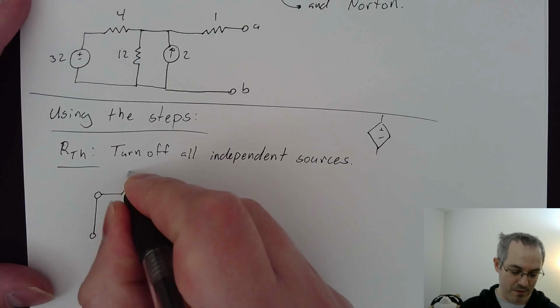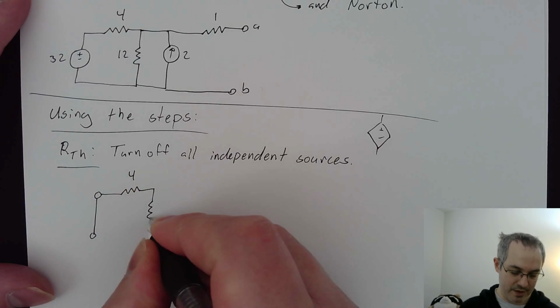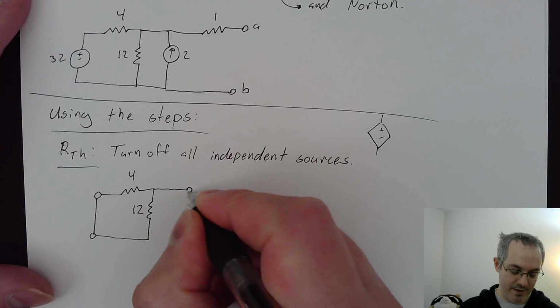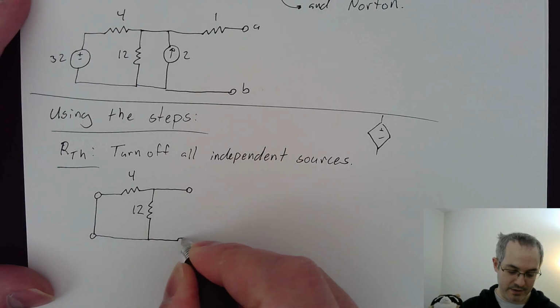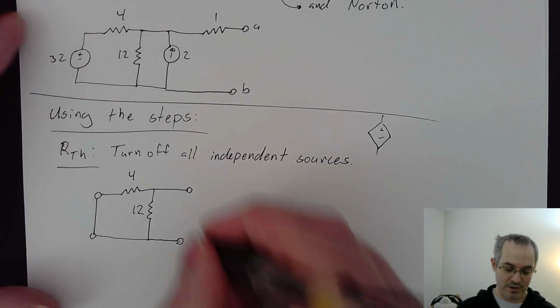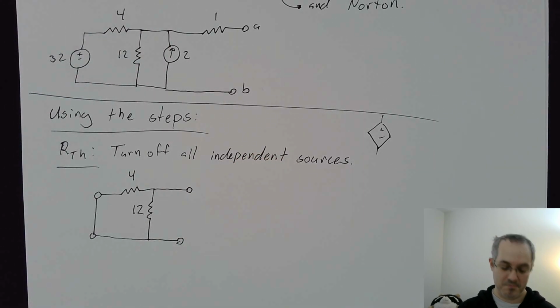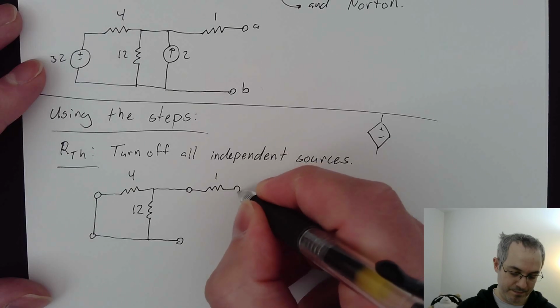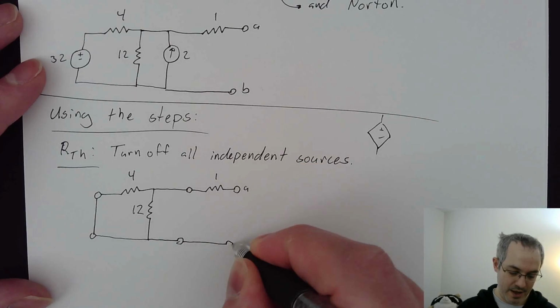Then you have the 4 ohm resistor, the 12 ohm resistor, and the only way that you can make sure that there is 0 amps going between these two is to have nothing. So you just leave it there. Then you have a 1, node A, and node B.